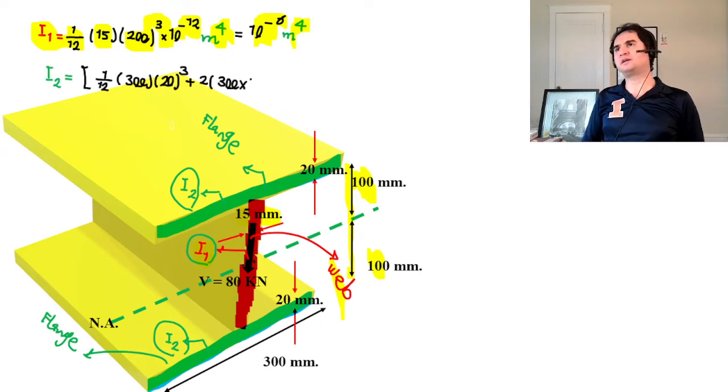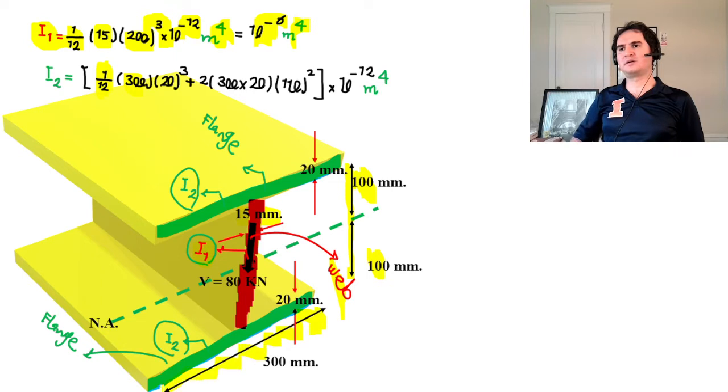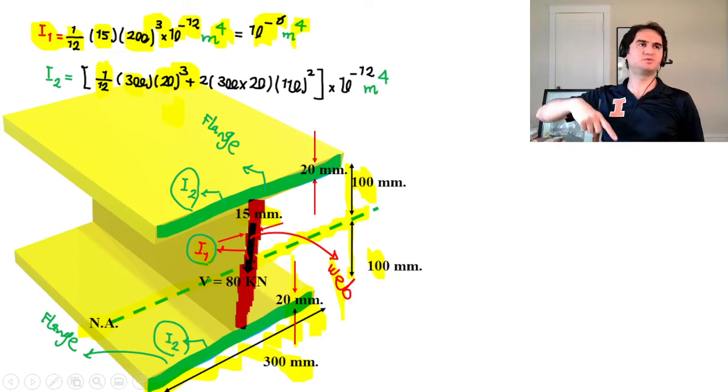And the other part is I2. I2 is again 1/12 base times height cubed. The base this time is 300 millimeters, times the height, which is 20 millimeters for each flange, that's 20 cubed, plus, and this time we want to transfer from the flange's own axis to the neutral axis, or centroid, the center.